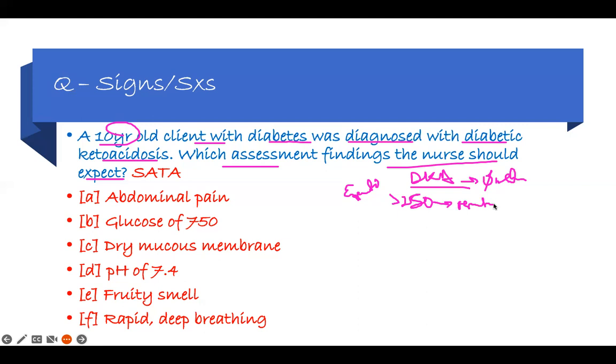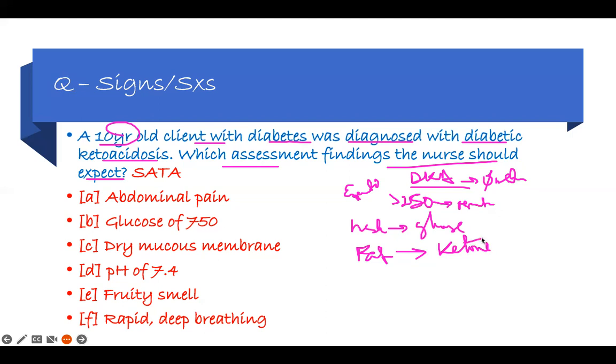And then the body, if there is no insulin, you need insulin to put sugar into the cell for the cell to use it. If there is no insulin, you cannot put glucose into the cell for the cell to metabolize it to give you energy. So what the body does is, okay, fine, we don't have insulin to push glucose in, we're going to use fat. So they break down fat, and then the breakdown of fat to make energy gives you the ketone.